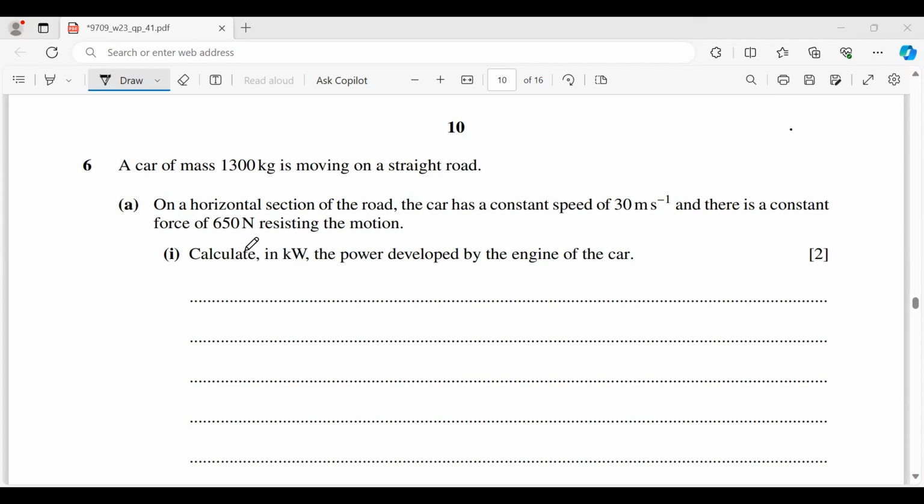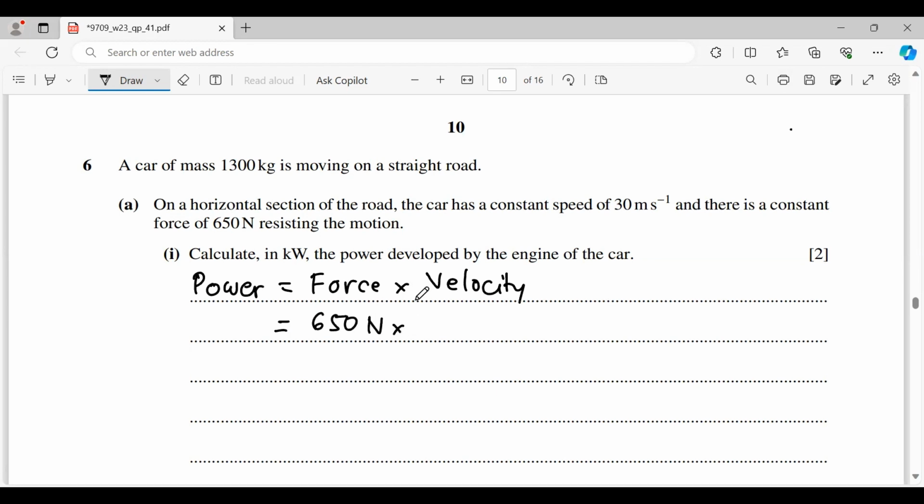Okay. So power equals force times velocity. Force is this one, 650 newtons. Meanwhile, velocity, 30.